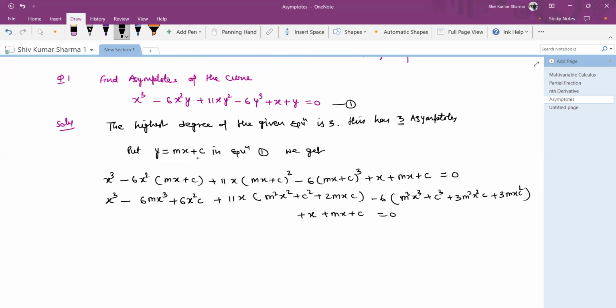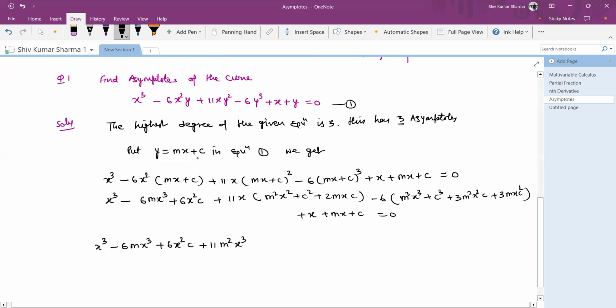Now we simplify this as x cube minus 6mx cube plus 6x square into c plus 11m square x cube plus 11x c square plus 22mc into x square minus 6m cube x cube minus 6c cube minus 18m square x square into c minus 18m x c square plus x plus mx plus c is equal to 0.